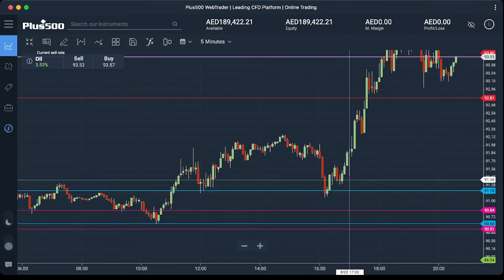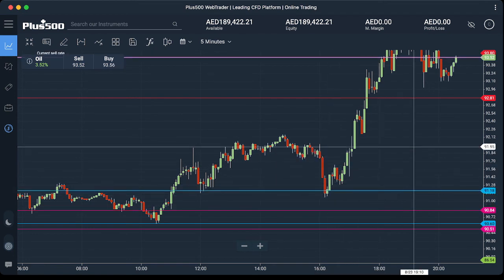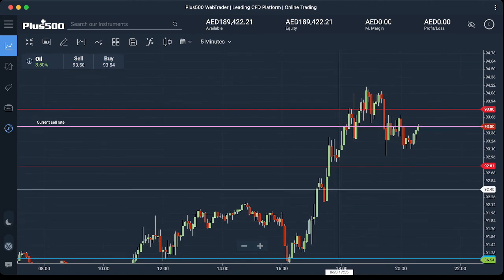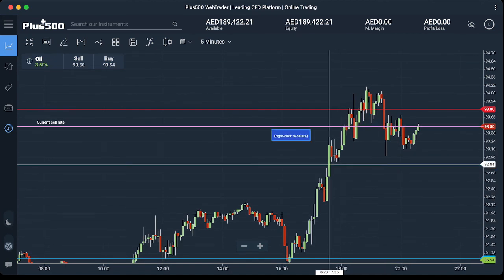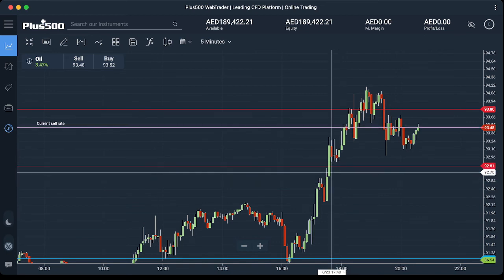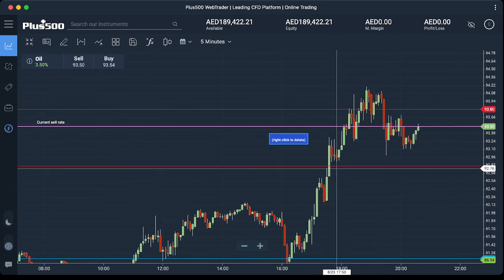So this was a perfect entry from 91.20 to this H4 fair value gap and imbalance. Of course, to be on the safe side, you can target the beginning of this imbalance in case price wants to show another sign of reversal or even pullback kind of retracement.